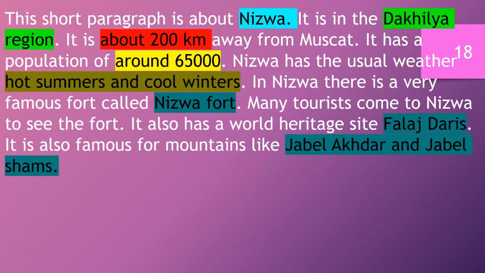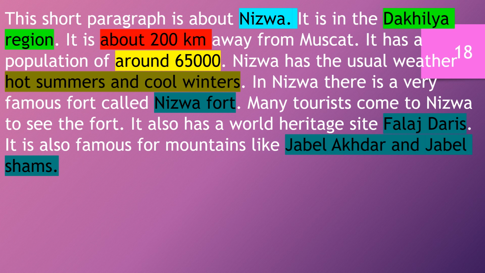And what else is famous, and what are the other places to see in Nizwa? Jabal Akhdar and Jabal Shams. What are they? They are mountains, and they are famous mountains. So you can write it is also famous for mountains like Jabal Akhdar and Jabal Shams.